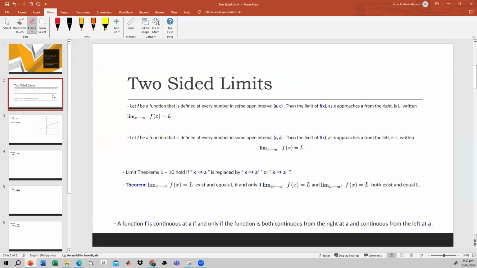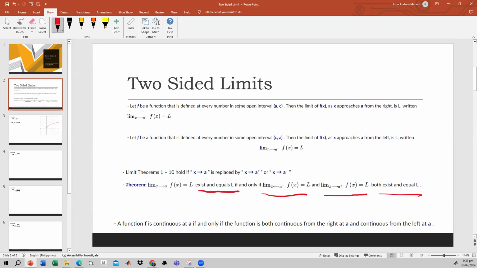So what is a two-sided limit? Based on the theorem, the limit of f of x as x approaches a exists and equals L if and only if the limit of f of x is equal to L as x approaches a from the left, and the limit of f of x is equal to L as x approaches a from the right.